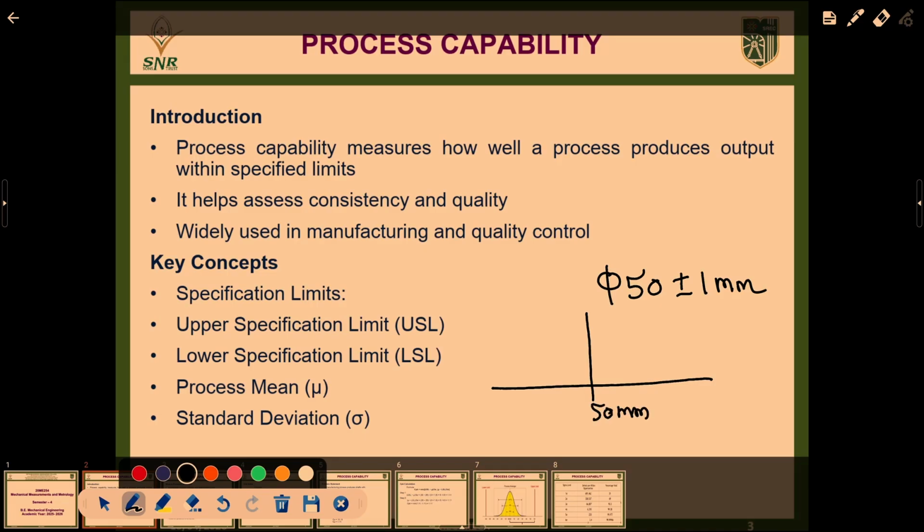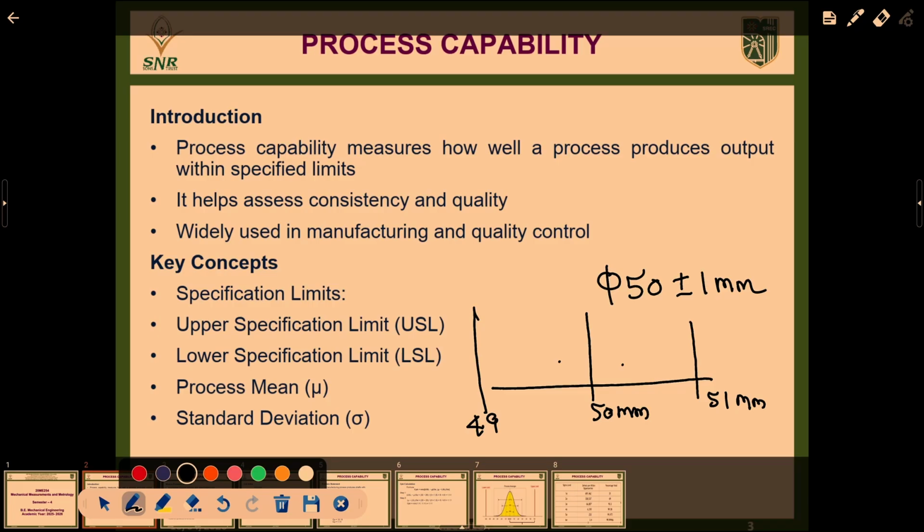It's the nominal diameter. Upper specification limit is 51 millimeter. The lower specification limit is 49 millimeter. A component, let us say the first shaft having diameter 49.8, it falls here. Second component, second shaft, it's 50.2 millimeter, falls here.